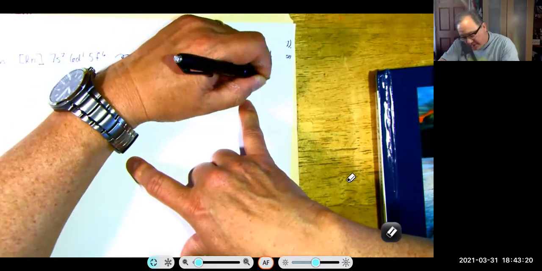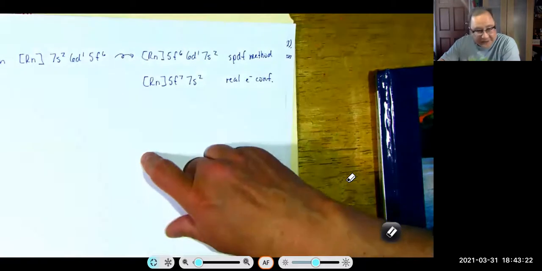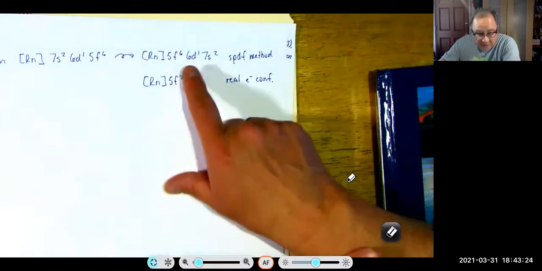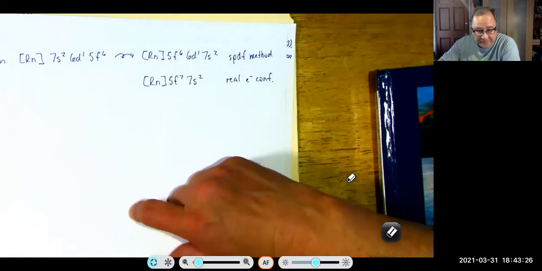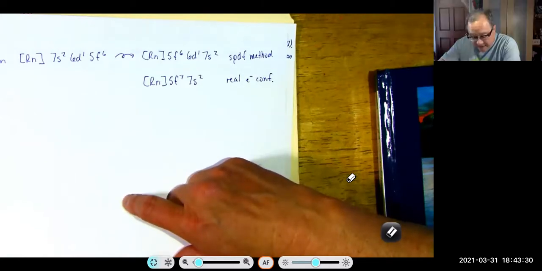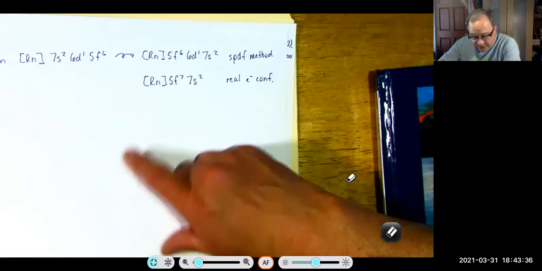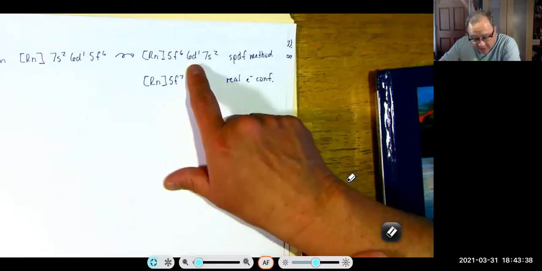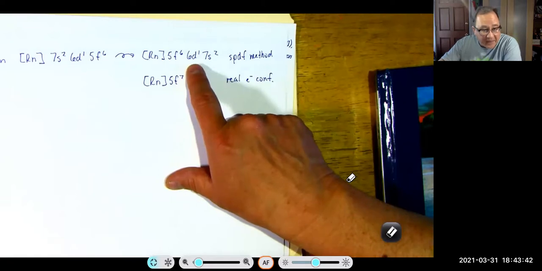Now, on an exam, I expect you to get the one above, not the one below. But let's try to understand, did we do so badly? The answer is we only have one electron out of 95 that we misidentified from reality.